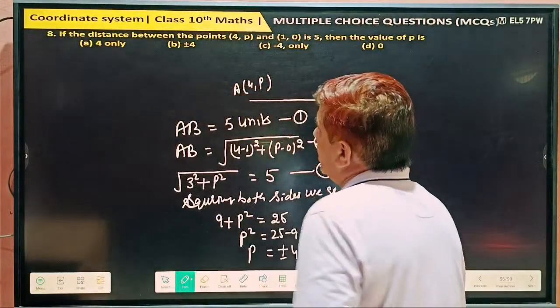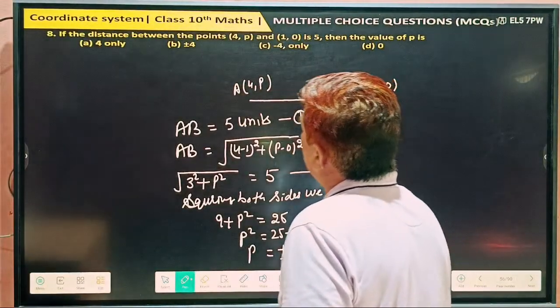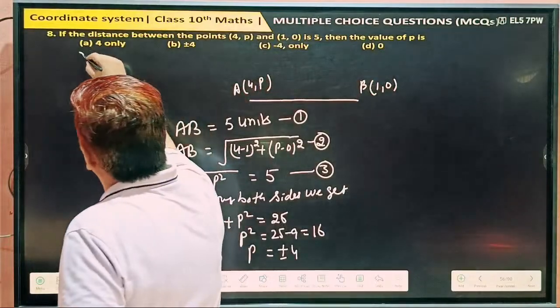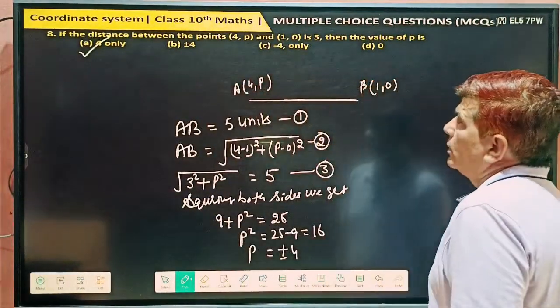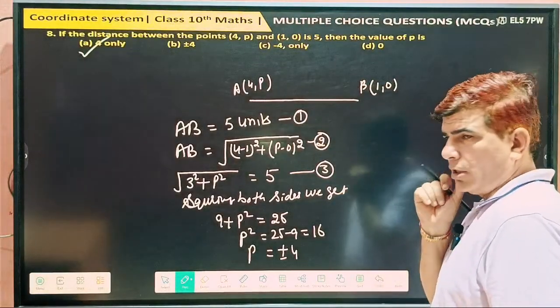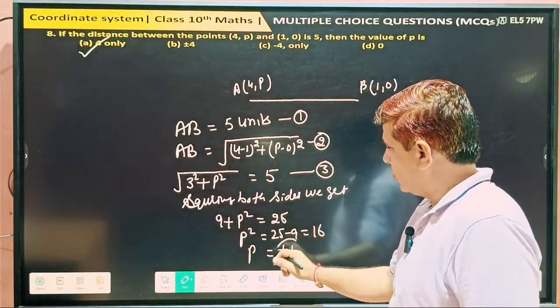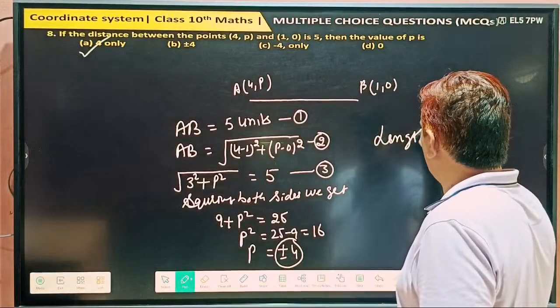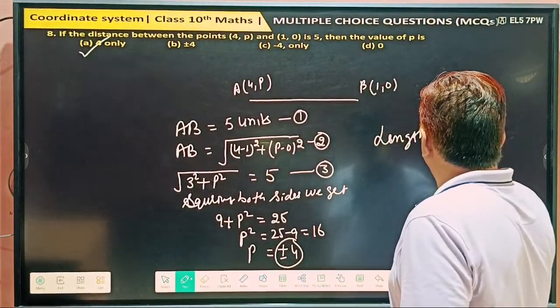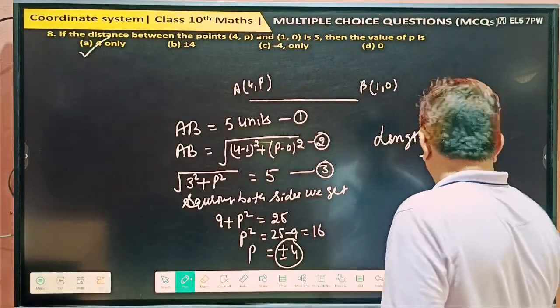So we can say this is its answer. Got it? This is the answer of this question. Why have we not taken negative? Because length is always positive. Got it?